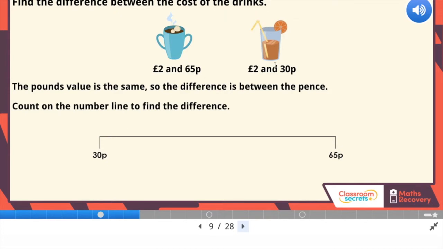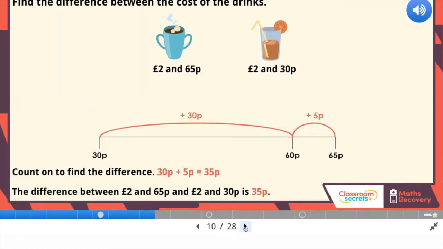Now they've both got the same amount of pounds, so we can ignore those and just find the difference between the pence. 30p goes first on the number line because that's smaller, and we're going to count on the number line to find the difference up to 65p, like this. So you could count on, you can do jumps in tens, or if you feel confident, do the big jump from 30 up to 60, because remember 3 plus 3 equals 6, so 30 plus 30 equals 60.